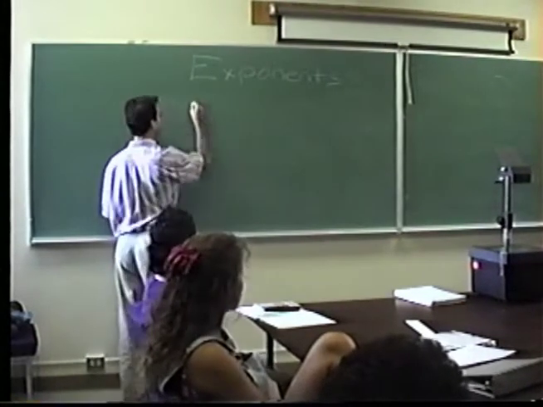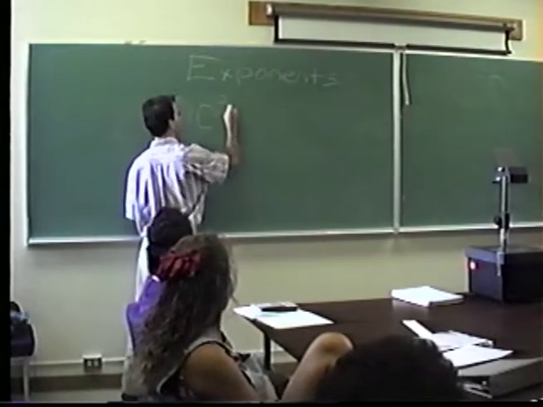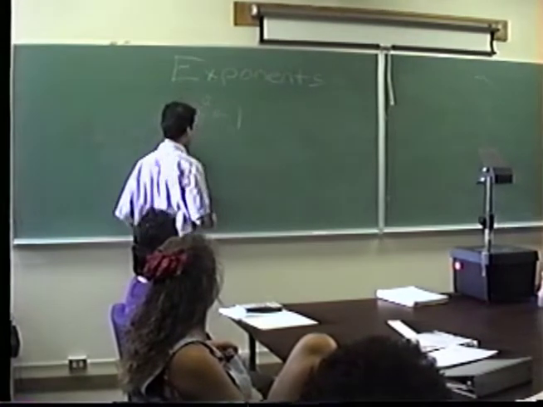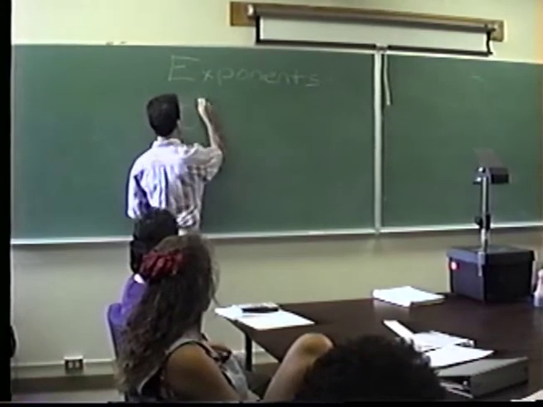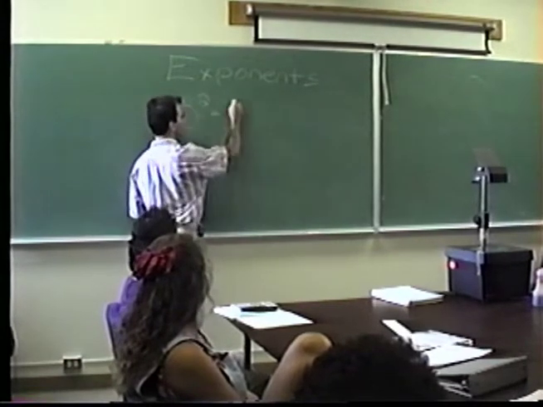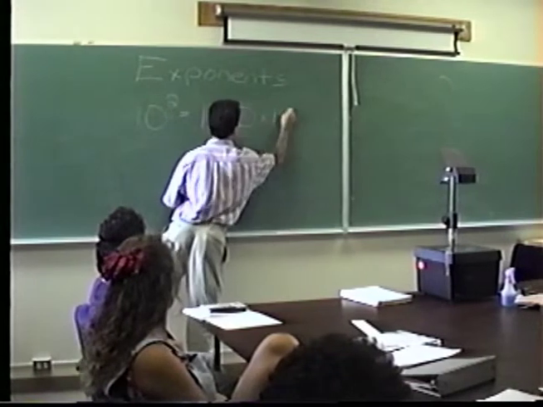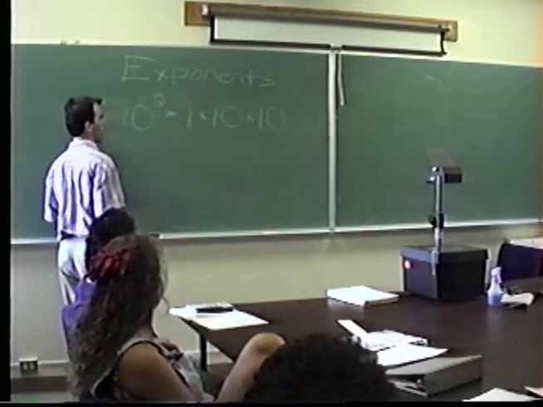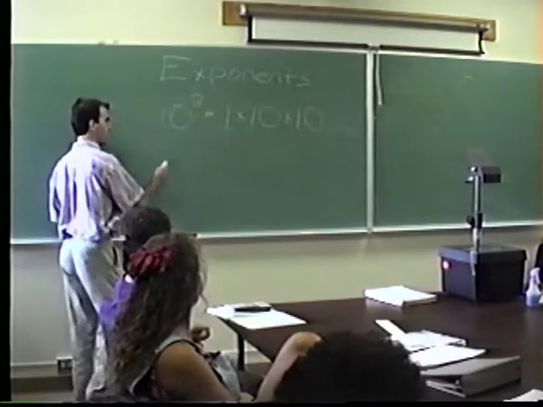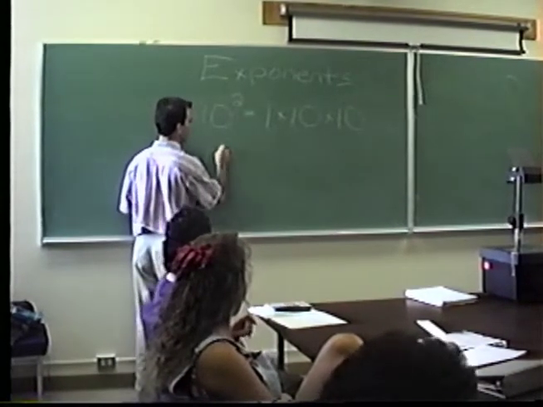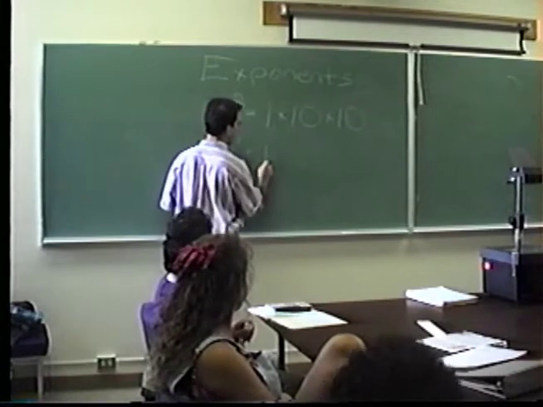How we write it is like this. I believe 10 to the 0 is actually 1. When you write 10 to the 2nd power, 10 squared, you're actually writing 1 times 10 times 10. And a lot of times we just leave out that 1. So if I write 10 to the 1, I just have 1 times 10.